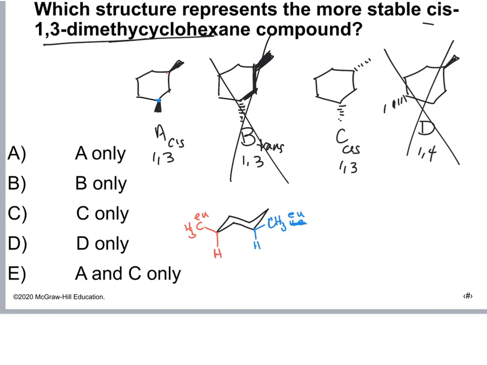So that is A. And then C, here we can pick any one as long as it's relative. So this is equatorial down, and then 1, 2, 3, and this will be equatorial down. So they're both down, so that's good. They're both on the same side, and they're both equatorial. So it's going to be A and C.